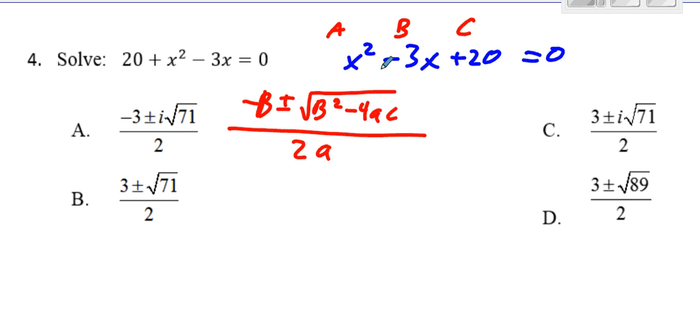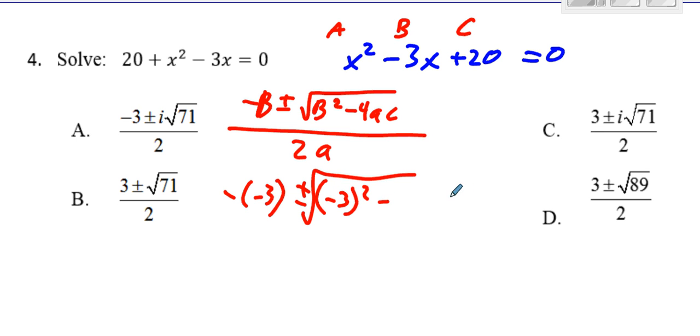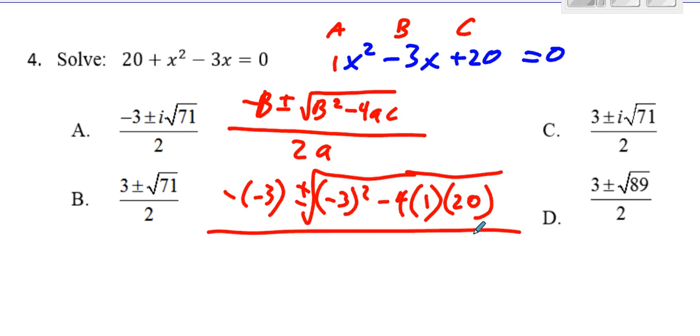So plug in negative 3 for b, so that's negative negative 3 plus or minus the square root of negative 3 squared minus 4 times a is 1, times c is 20, all over 2 times a is 1. So when you go and simplify this, do it inside the square root first.